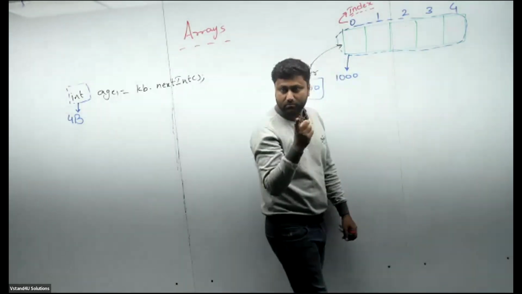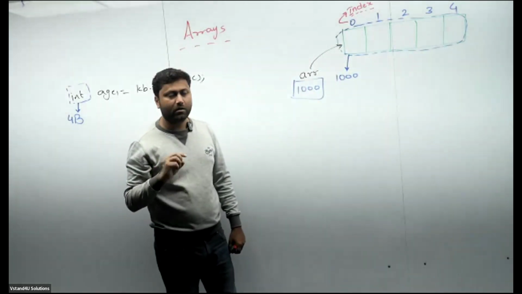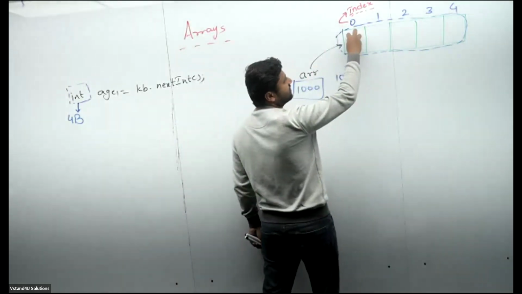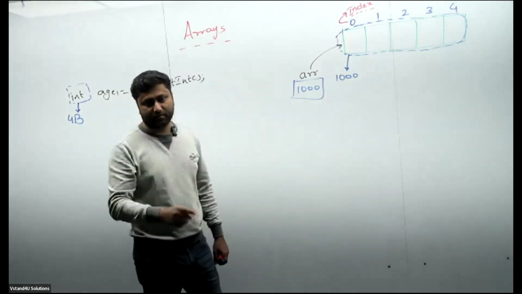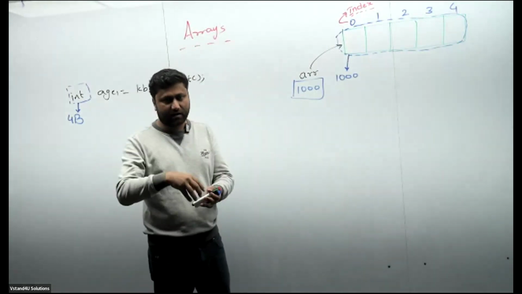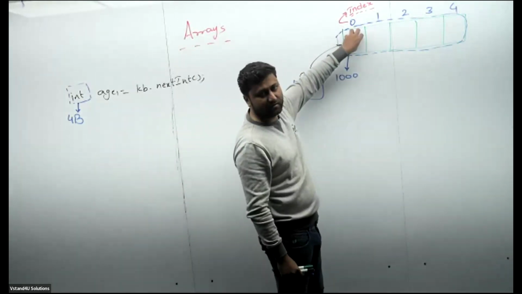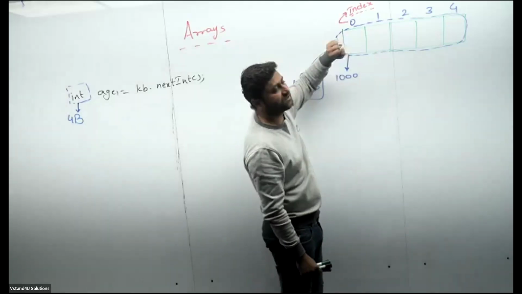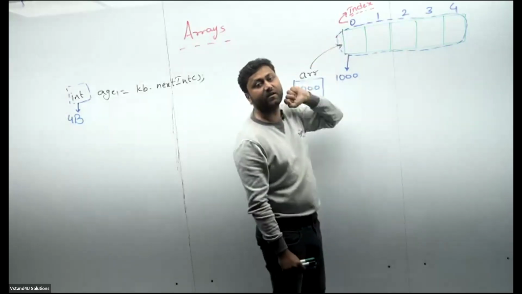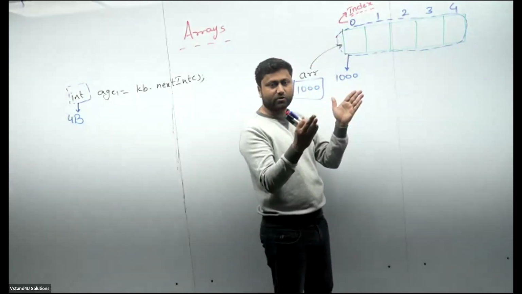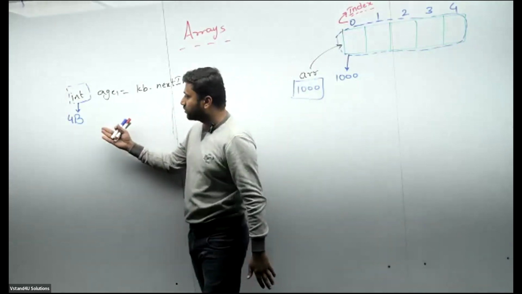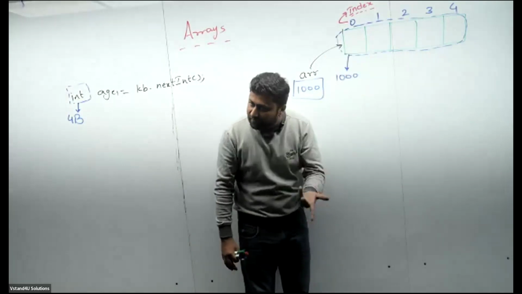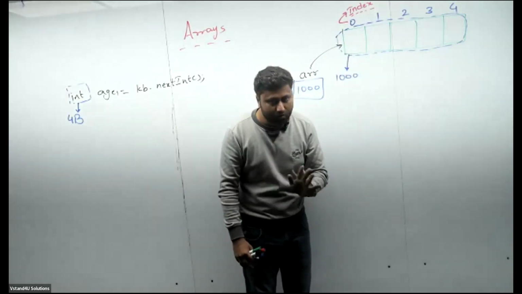What would be the size of this cell? That is called a cell element, the place where I'm storing each element of the array. If I want to store integer data here, it consumes 4 bytes, so this box is 4 bytes.